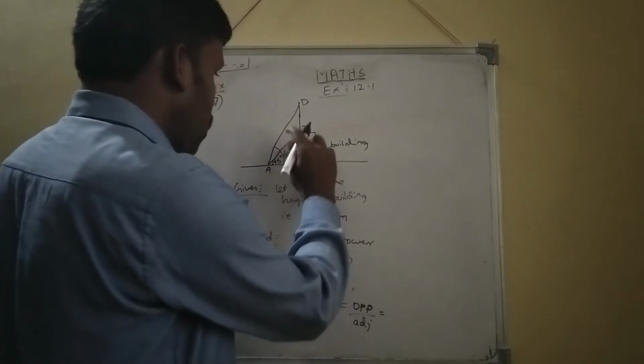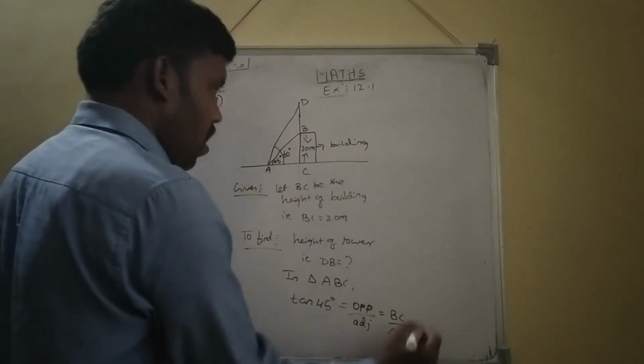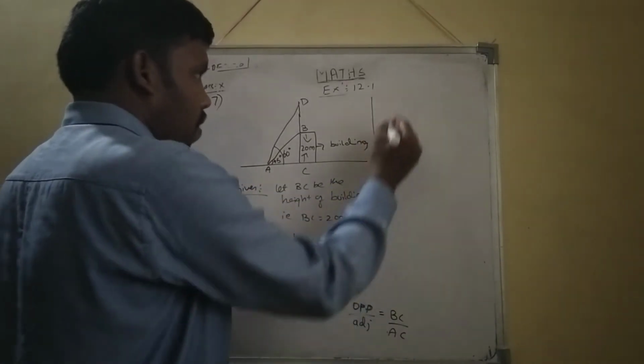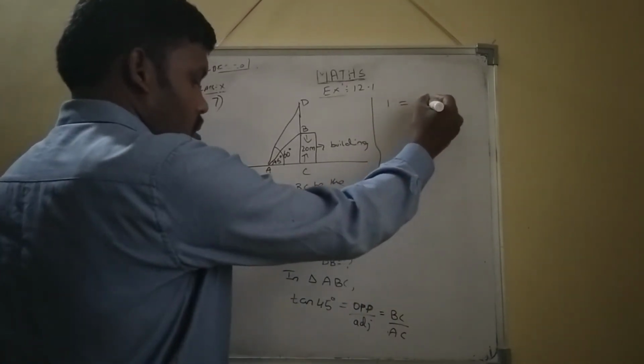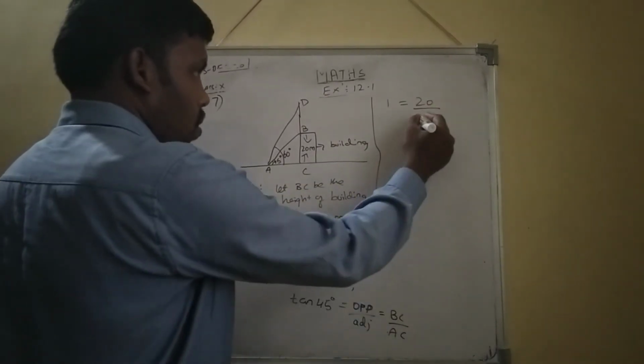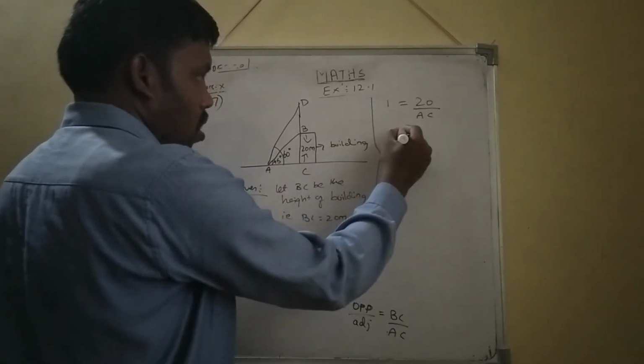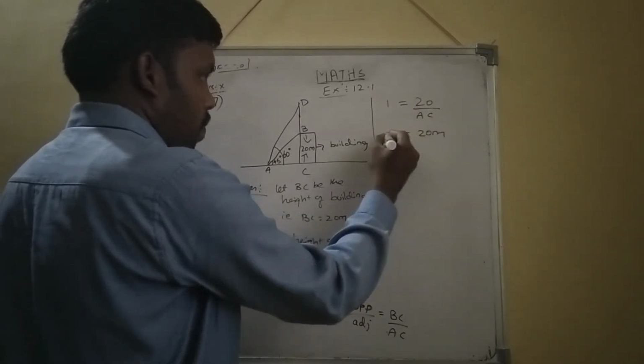Opposite is BC and adjacent is AC. Tan 45 value is 1. So 1 is equal to 20 divided by AC. Cross multiply: AC into 1 is AC, so AC is equal to 20 meters.